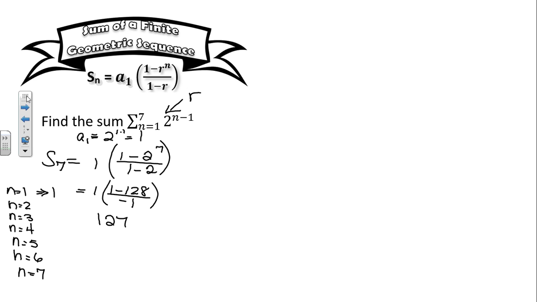If n is 2, 2 to the 2 minus 1, 2 to the first is 2. If n is 3, 3 minus 1 is 2, 2 squared is 4. And then what do you think the next one's going to be? 8, and then 16, 32, and 64.